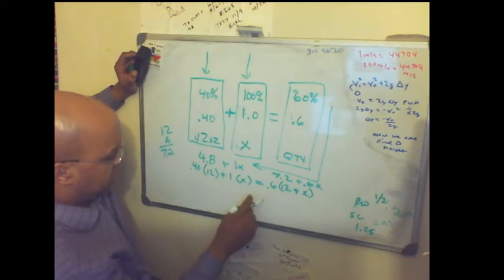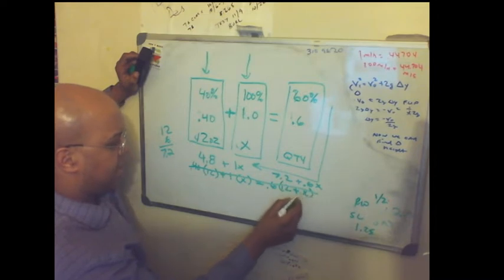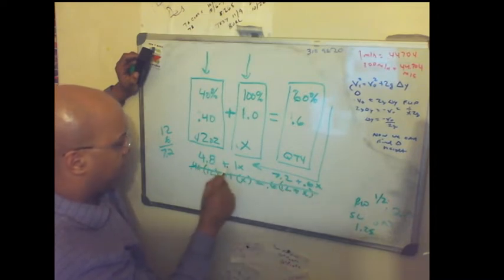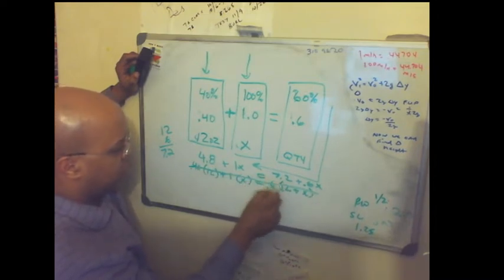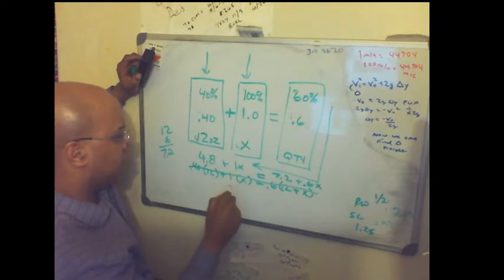So we have 4.8 plus 1x equals 7.2 plus 0.6x. The 0.6x is going to jump the equal sign, and we're going to have 0.4x.